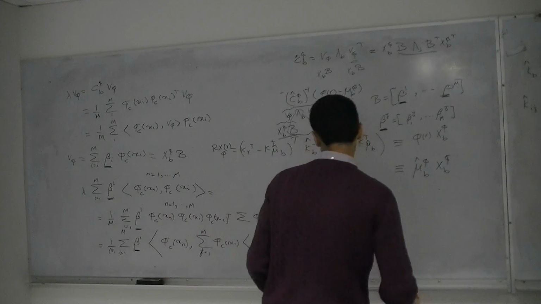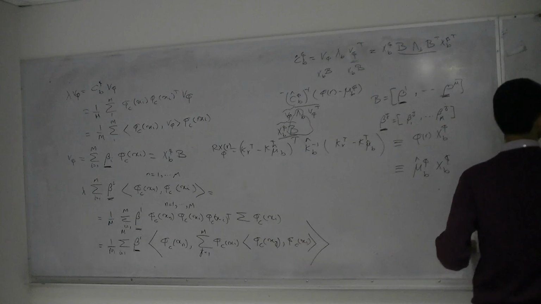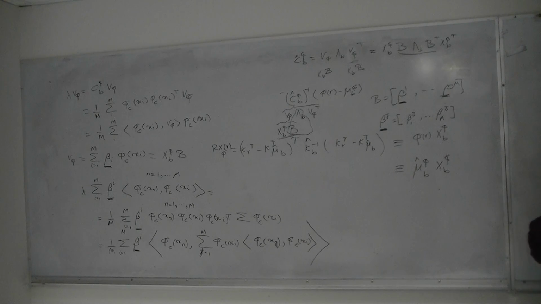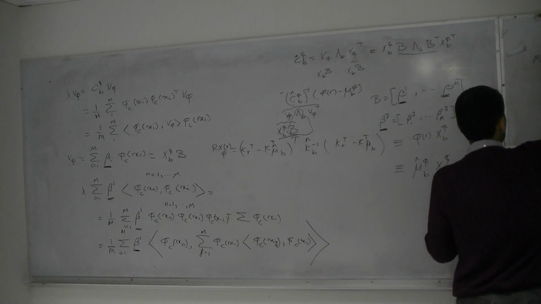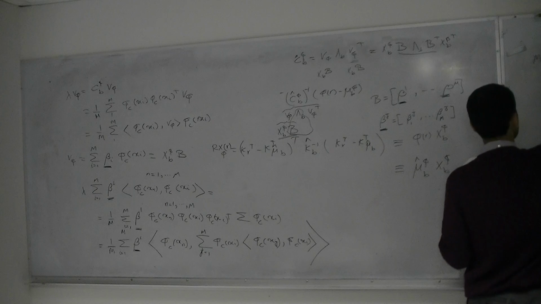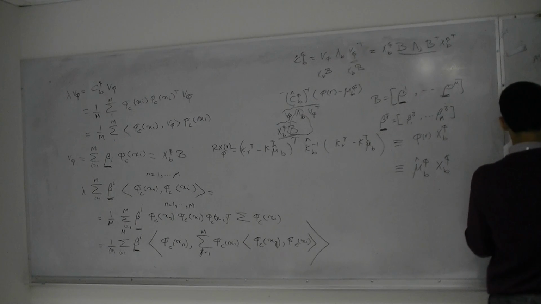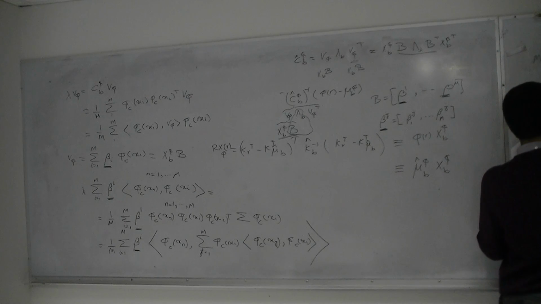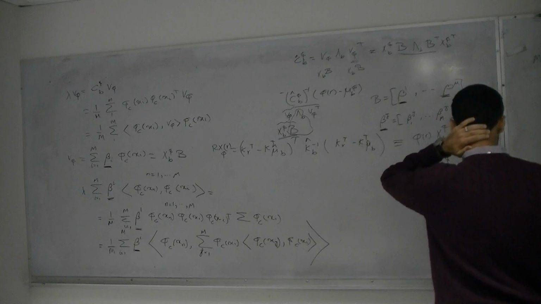And if I can write it in a closed form, lambda m lambda beta, B is equal to K B beta. Okay.